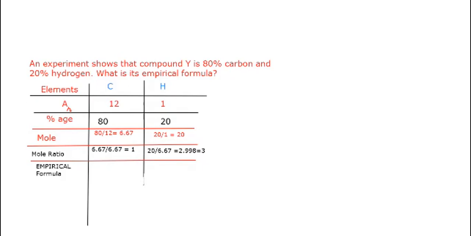Now you just have to write down these ratios with their elements. What is the ratio of carbon? 1. Definitely right. So the empirical formula is C1, and what is the ratio of hydrogen? That is H3.